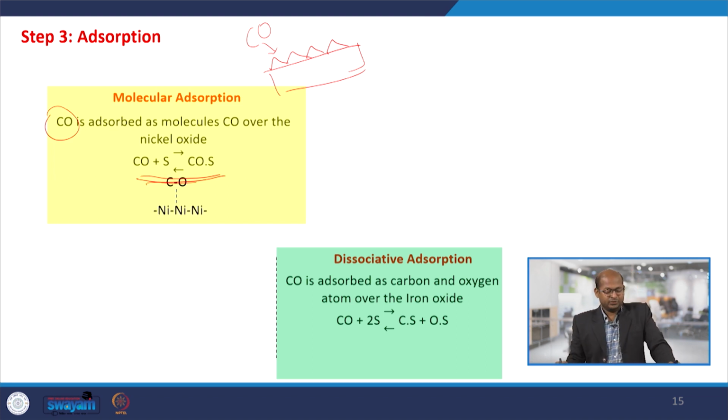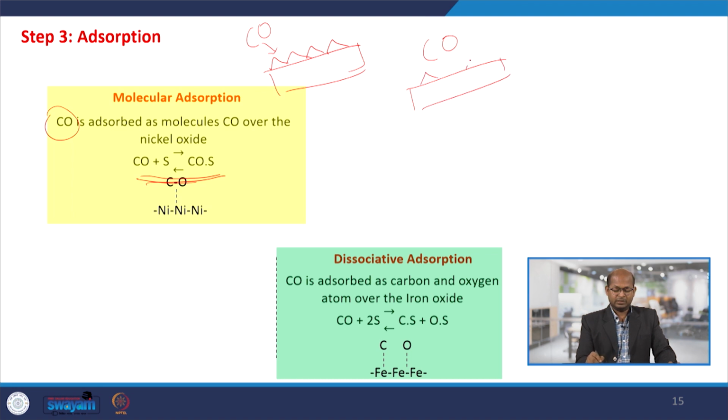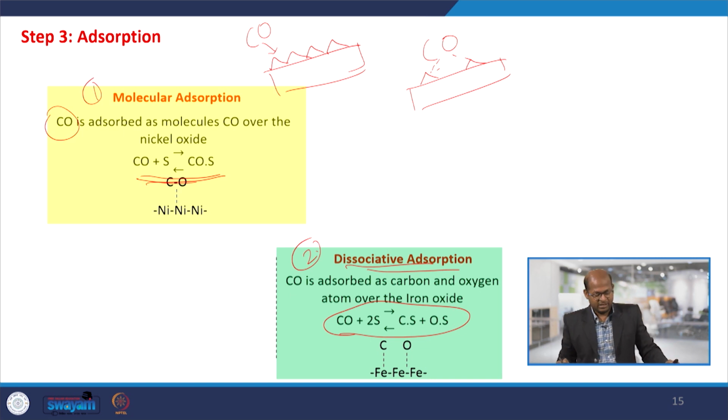If it occupies 2 surface sites, then we can write CO interacting like this, and it may dissociate. This is dissociative adsorption, and this is molecular adsorption, or non-dissociative adsorption, we can say. So, this way it can be.